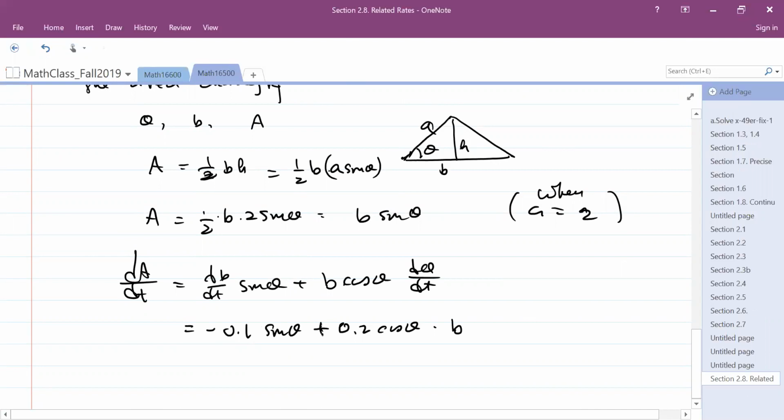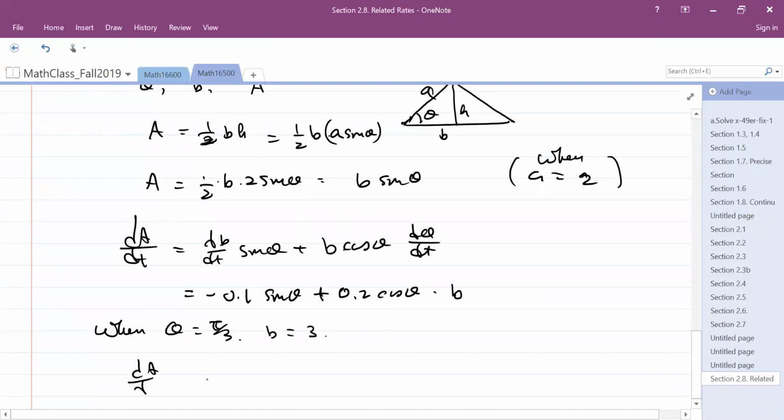All right. So now, when theta equals pi over 3, b equals 3, at that moment the rate of change is going to be negative 0.1 sine pi over 3 plus 0.2 cosine pi over 3, and at that time b is 3.